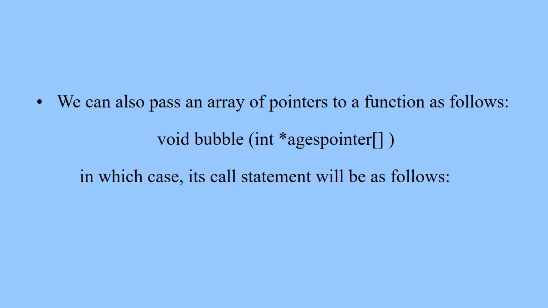We exit the loop. We can also pass an array of pointers to a function as follows. If you have a function, for example, called bubble, that is void bubble, whose parameter is of type pointer to integer, so this is a pointer to the array called ages_ptr, then its call statement will be as follows: bubble(ages_ptr). So ages_ptr is the parameter, and that parameter, of course, is a pointer.